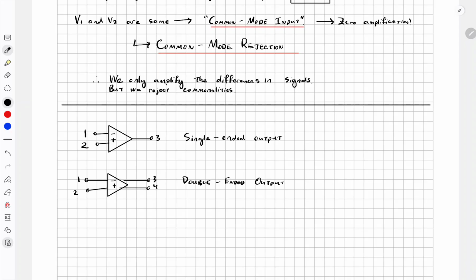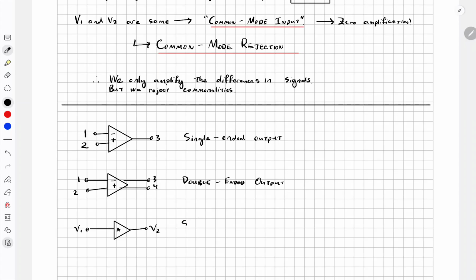Now, the simplest amplifier actually is just the single-ended input and single-ended output. So it's just like this. And then, okay, let's draw the triangle. And then it just outputs like this.